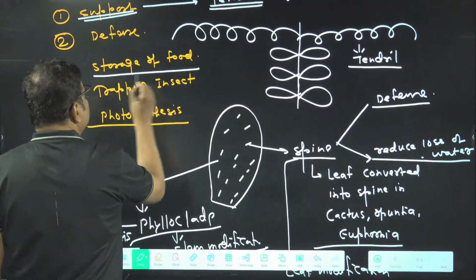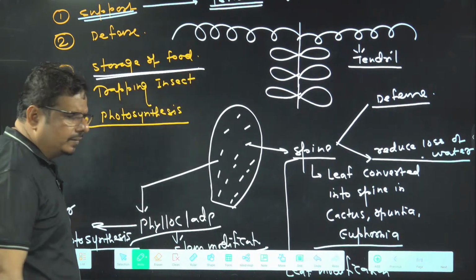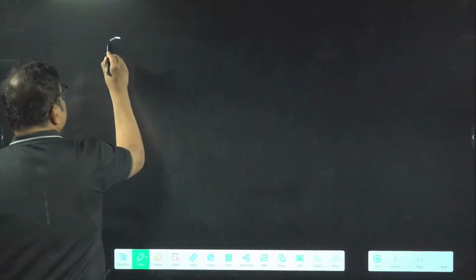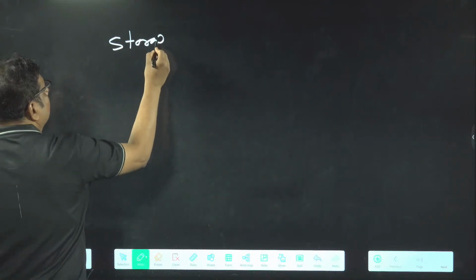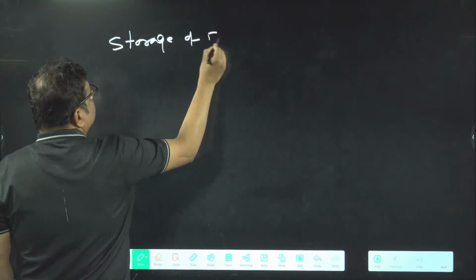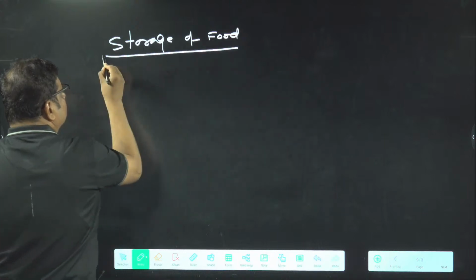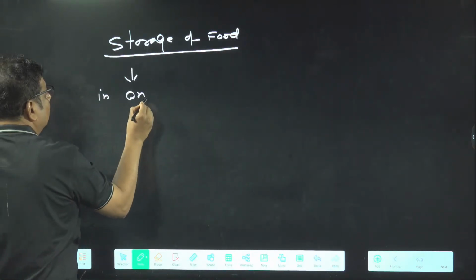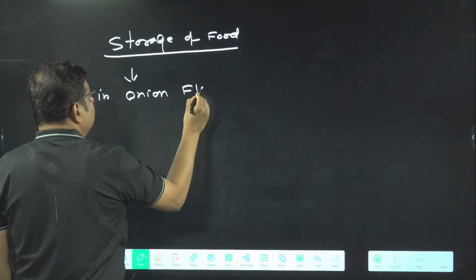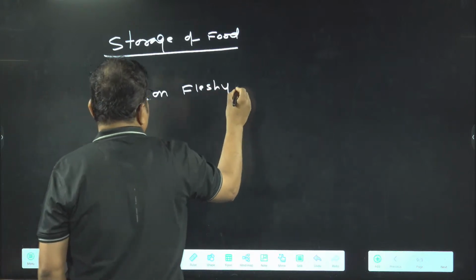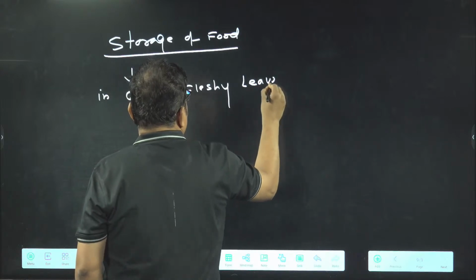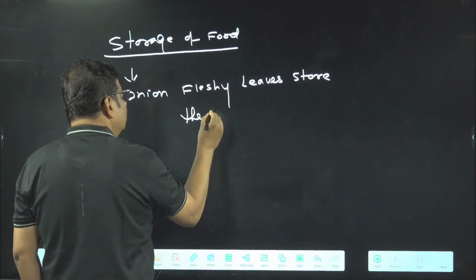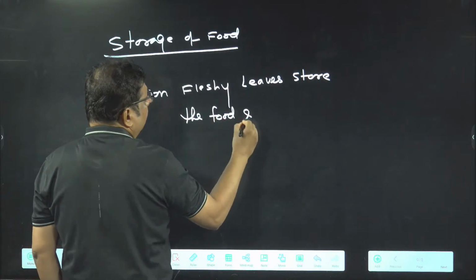Third, we are going to deal with storage of food. Have a look. Storage of food. So what happened? In onion, fleshy leaves store the food and are edible.